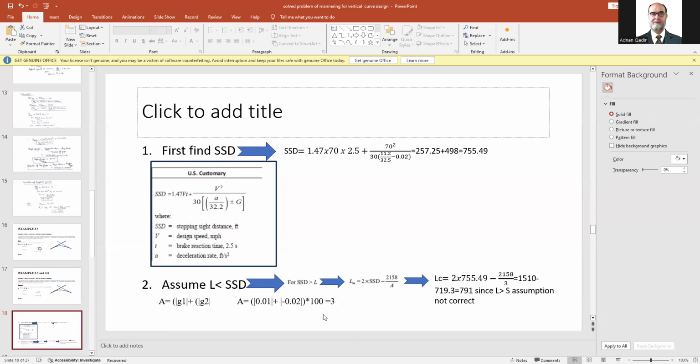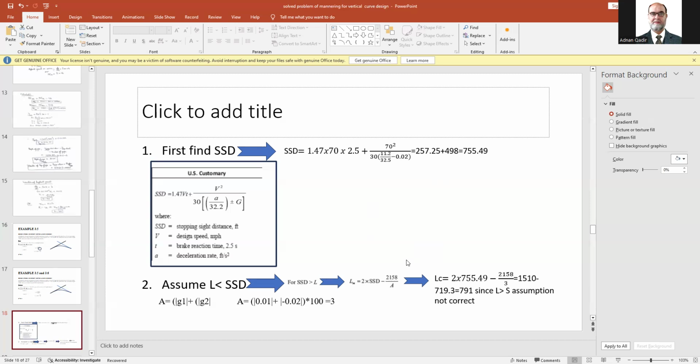But if I compare with the SSD of 755.49, my assumption is wrong, so this is not the actual length of the curve.